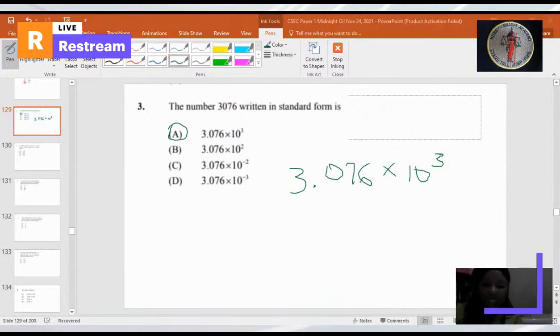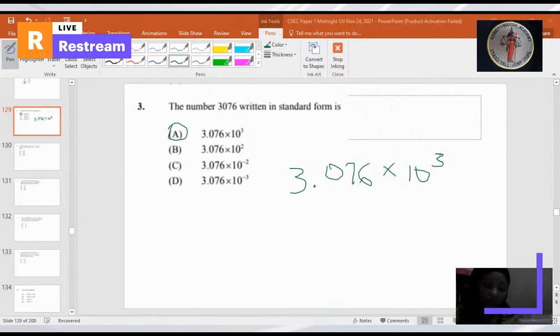So when we're writing in standard form, remember we need the number written with 1 digit in front of the decimal point, and then we multiply by 10 to a power.